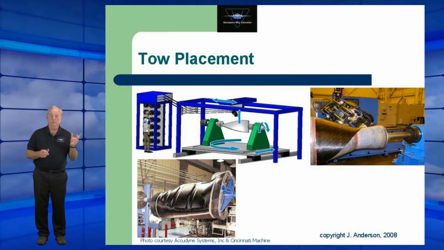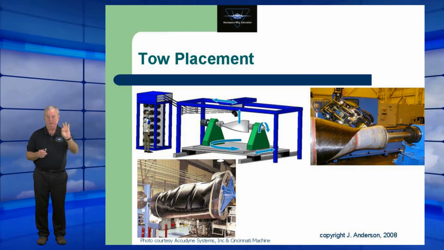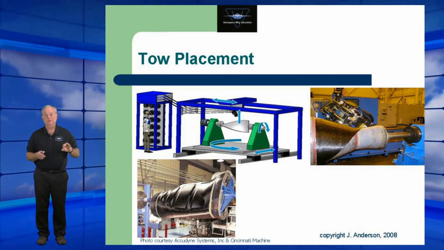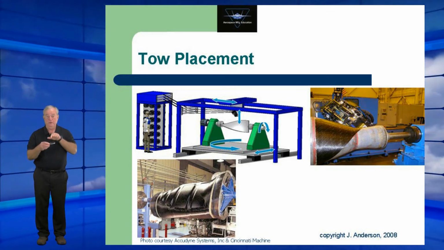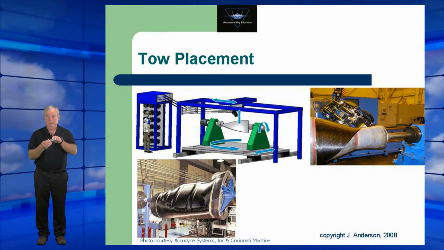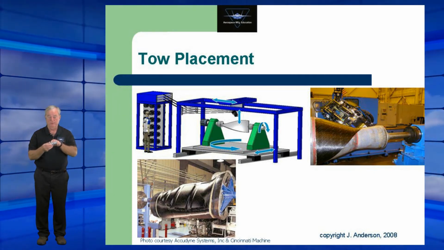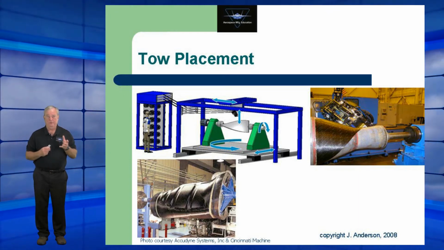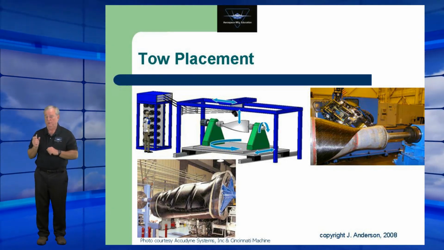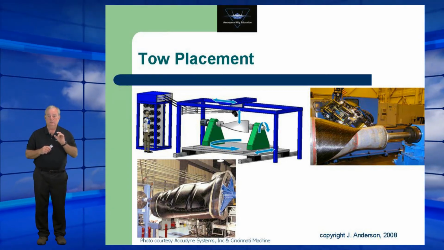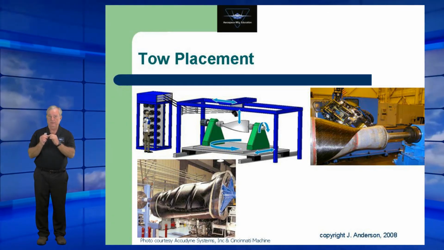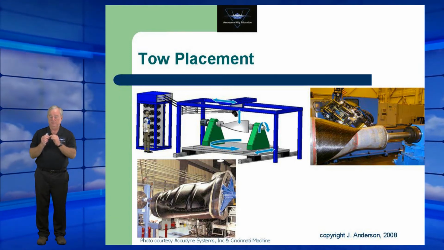One is to use a tow. Remember we said a tow was a group of fibers together. These are typically long strand or continuous fibers, and so we pay those out from a reel and rotate the mandrel, and as the mandrel rotates we lay the fibers onto it. And typically we wet those fibers. In these machines on the lower left and on the right, you'll see what looks like rollers that surround the fiber as it's coming out of the dispenser.